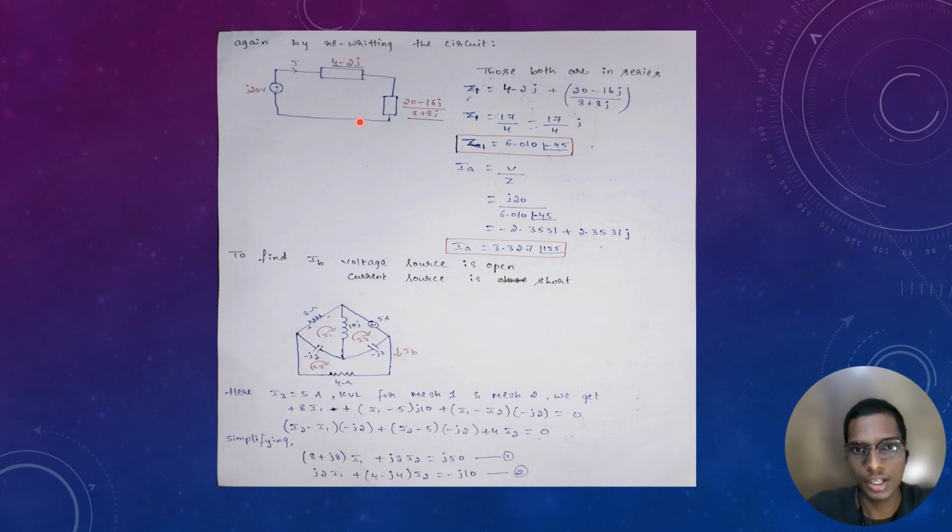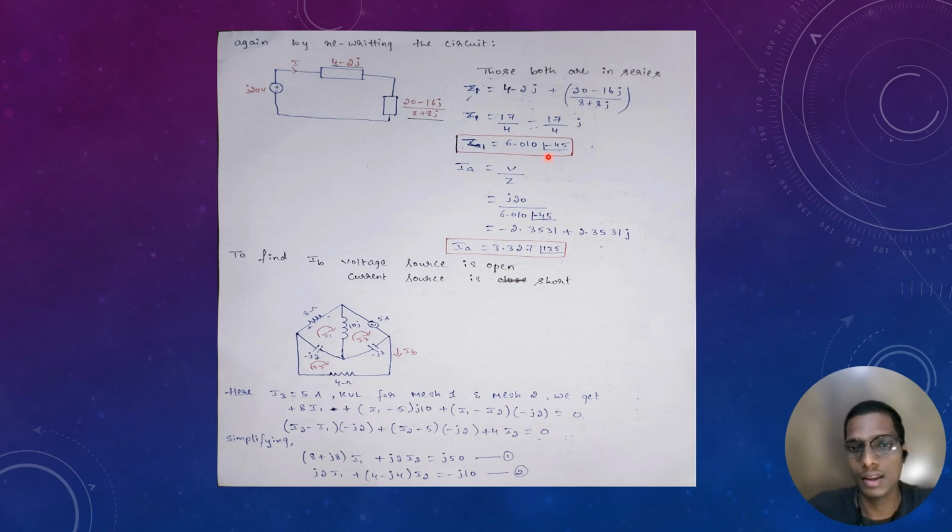Here these both are in series connection, so we add them. After simplifying we get 17 by 4 minus 17 by 4j. That is Z equals 6.01 angle minus 45 degree, which we can get by calculating in the calculator.